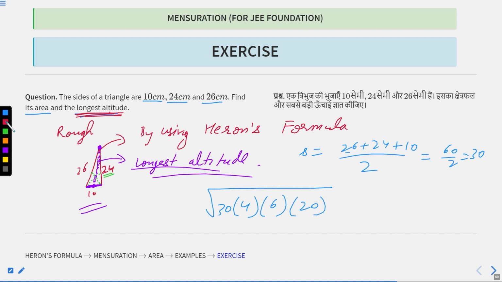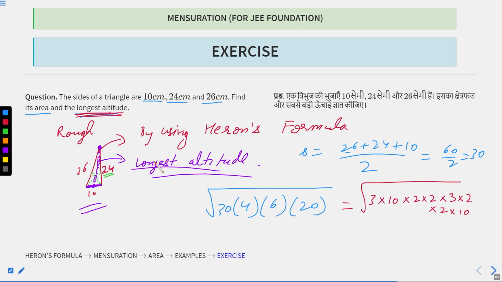So now let's make pairs to remove the root. 30 can be rewritten as 3 times 10, 4 can be written as 2 times 2, 6 can be rewritten as 3 times 2, and 20 can be rewritten as 2 times 10.